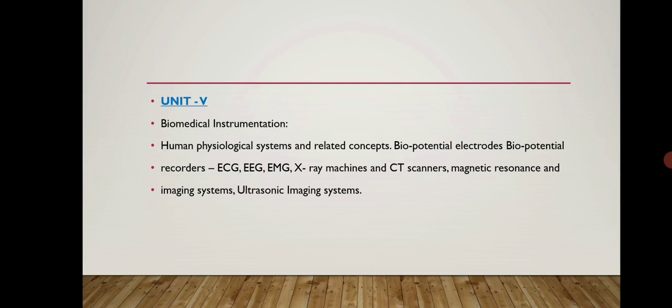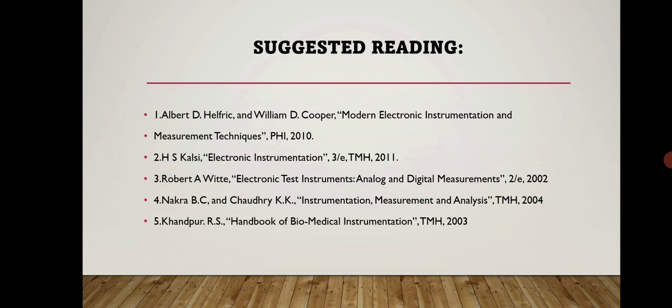Those instrumentations are known as biomedical instrumentations. You have already come across these words in your day-to-day life: ECG, EEG, EMG, X-ray machines, CT scanners, magnetic resonance imaging systems, ultrasonic imaging systems. These are various types of biomedical instrumentation available in our day-to-day life.